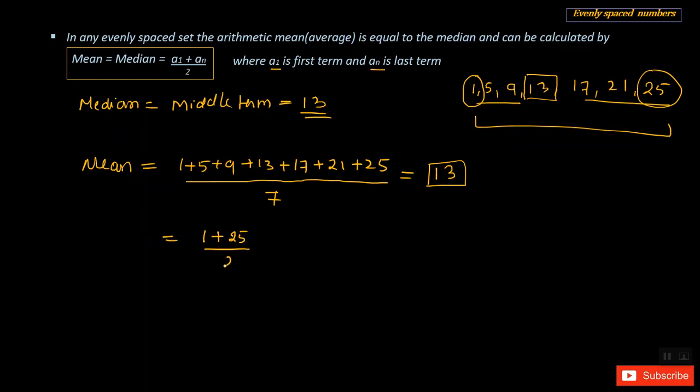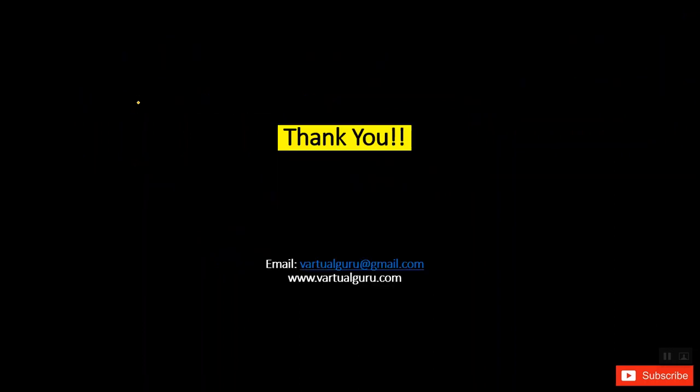Divided by 2, so 26 divided by 2 is 13. This is how the mean is equivalent to the median. It's also equivalent to the average of the first and the last term of that sequence, right? Okay, that's it for today's class.